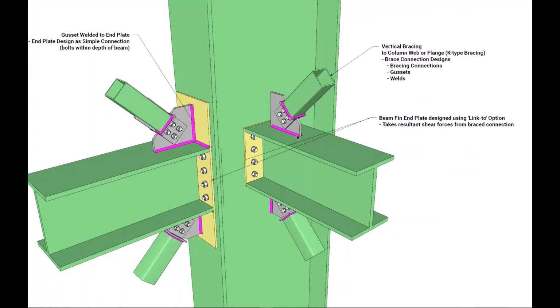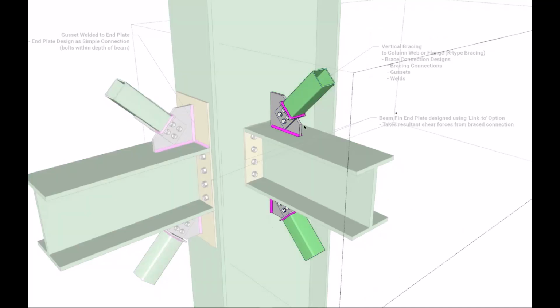So here we can see two similar vertical bracing to column connections, or K-brace type connections, to the column web and the flange. The actual design output in the connection brief is limited to the bracing elements. So if I highlight this, we can see it's going to be the bracing elements, the gusset plates and the welds.